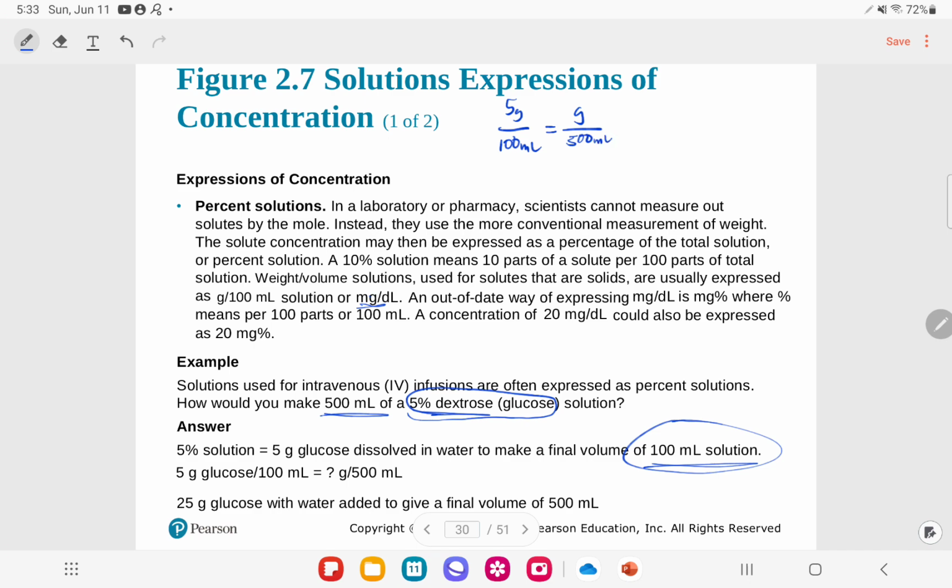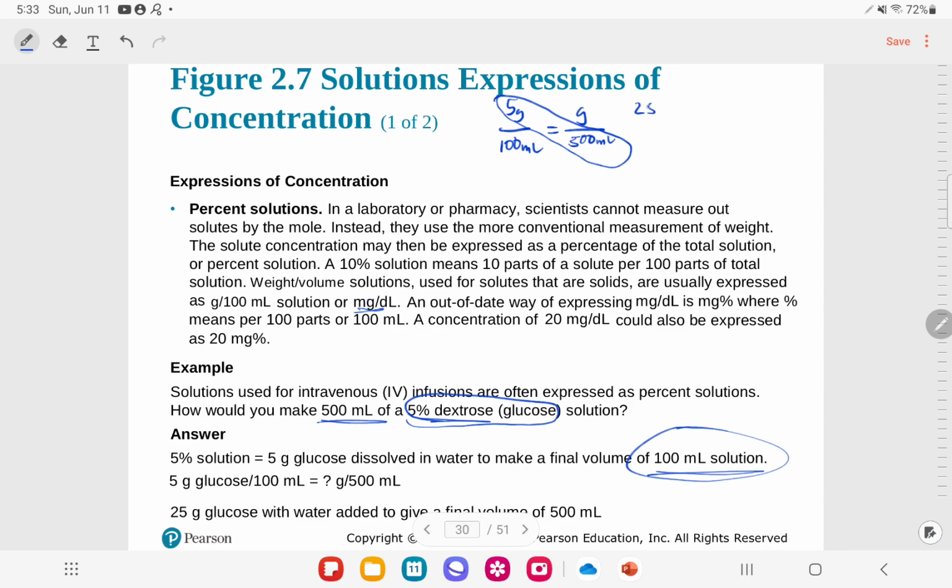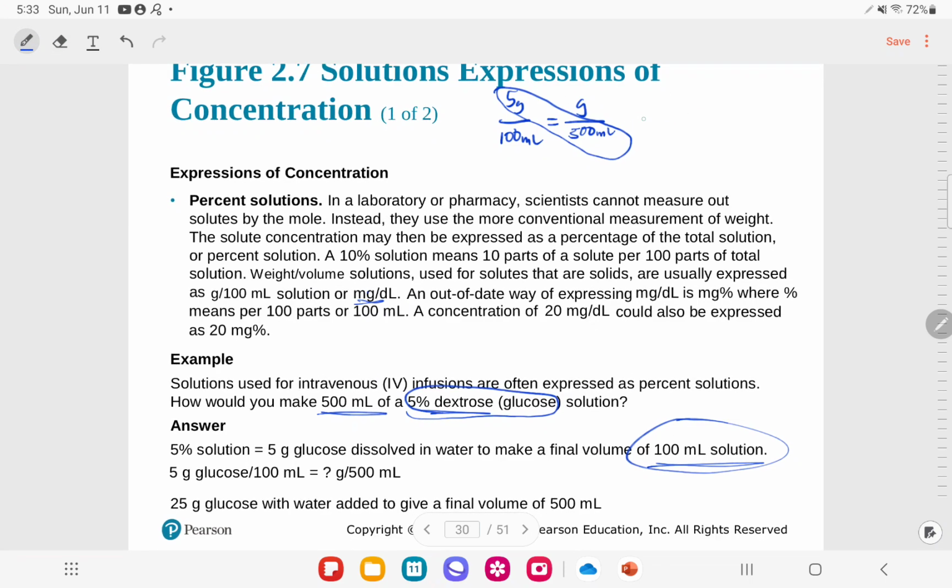So we just do some mathematics right here, some cross multiplication. Let me actually do my math this time. 5 times 500 is 2,500 gram-mils, which will equal 100 mils times the grams, and we're trying to find the grams.